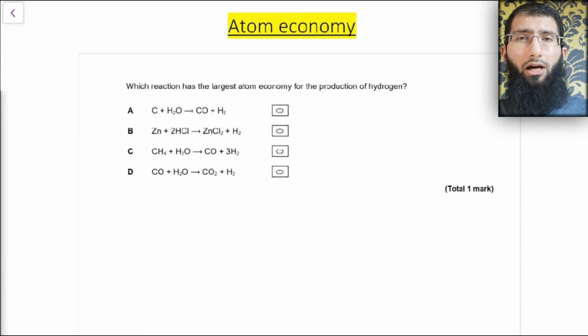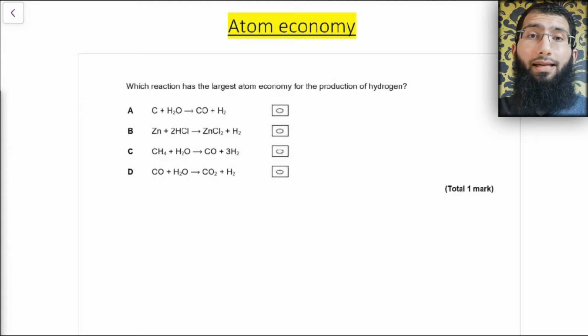But before we start, I think it's important just to refresh what atom economy means. Atom economy is simply a measure of how well utilized the atoms are in a chemical reaction, from reactants to products.